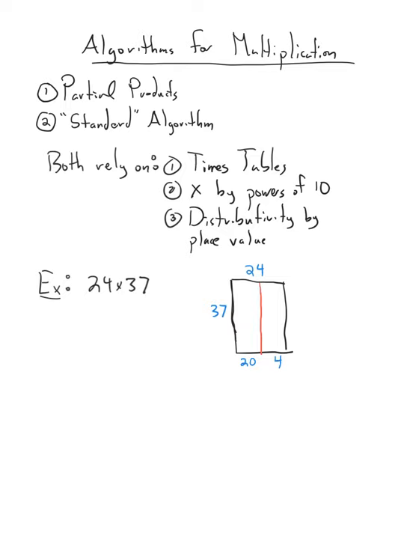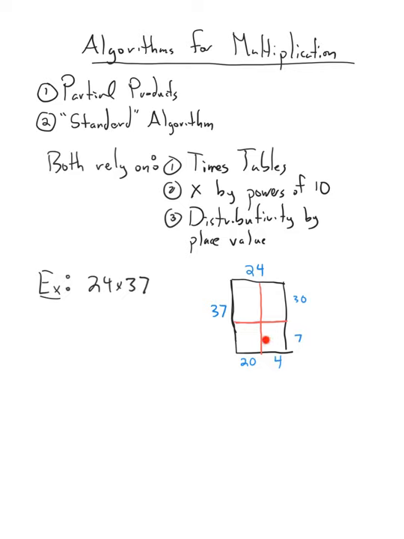So let me break this up. And again, I'm not being particularly accurate about having one half have length 30 and the other have length 7, whatever. This is just kind of an illustrative diagram. So this is 30 and 7. Now again, we know exactly how to multiply single digits.